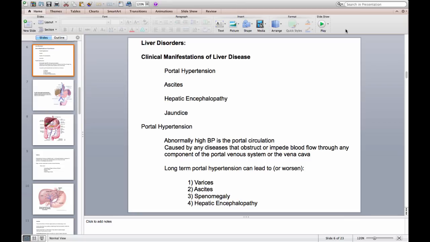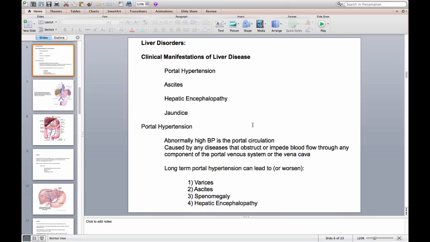So as a result of portal hypertension, these small veins associated with the GI tract, the pressure increases, blood doesn't leave those vessels as readily, and they get engorged. And what's the manifestation? Varices. And where do we find these varices? Esophagus and the stomach, okay? Very commonly the lower portion of the esophagus, and then also we see them in the stomach as well.